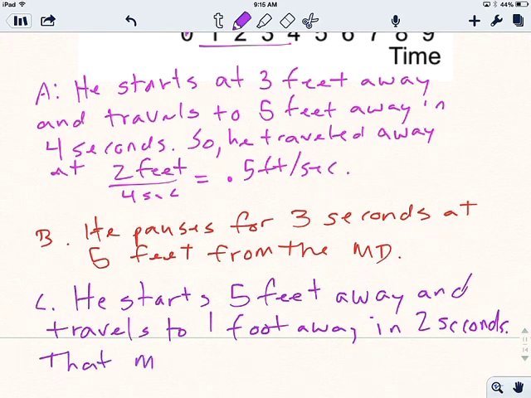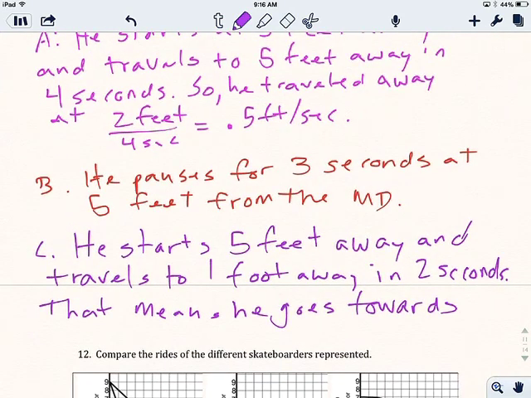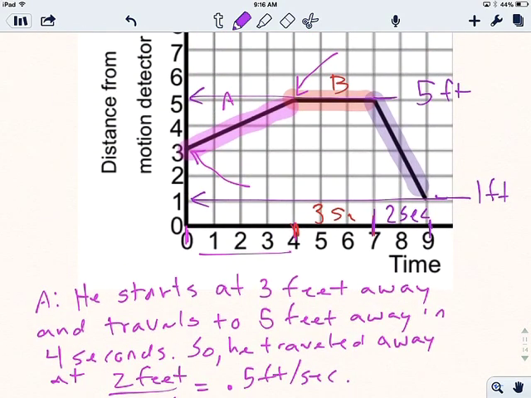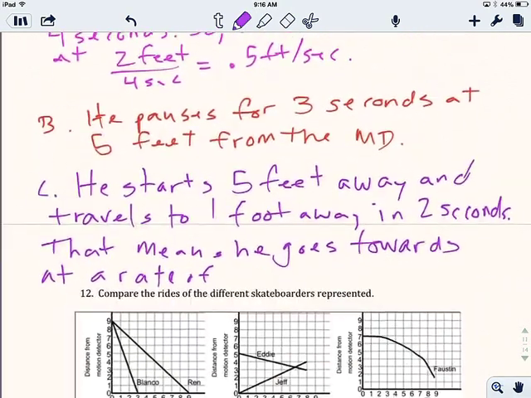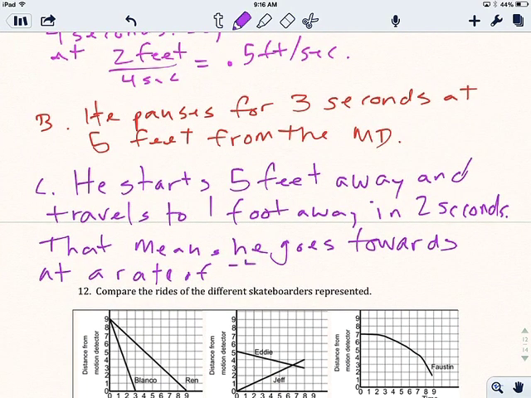That means he goes towards, because it went from 5 feet to 1 foot, towards at a rate of, now let's think about how far he went. He went from 5 feet to 1 foot, so that's minus 4 feet. He went towards at a rate of minus 4 feet per 2 seconds, which equals negative 2 feet a second.